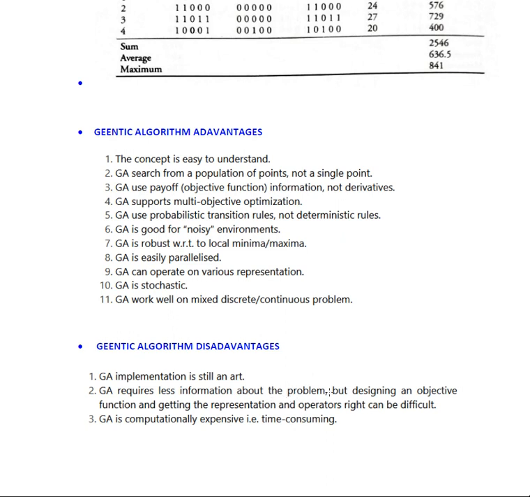If you are going for a simple structure, it is not suitable, because there is no derivative information available, and moreover the complexity increases. The genetic algorithm requires less information about the problem, but designing an objective function and getting a representation and operator rights are difficult.